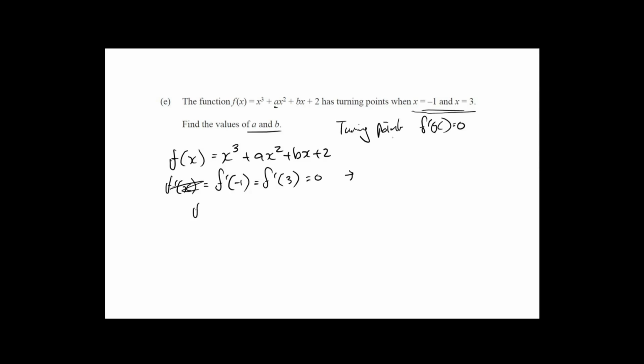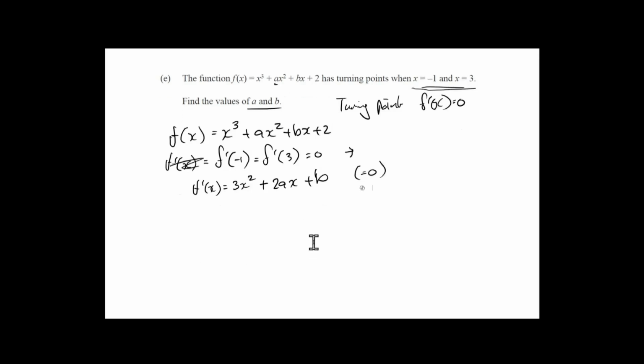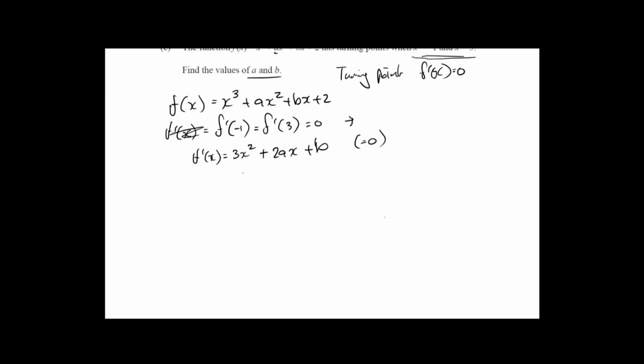Okay. So f prime of x is going to be equal to 3x squared plus 2ax plus b. And we're going to set that equal to 0 at those points. Let's put the negative 1 in and see where we get.